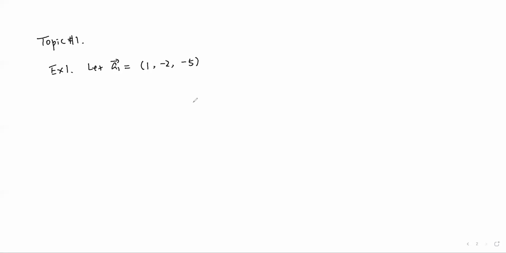I write this vector as a point. Recall that we identify a vector as a point and also as an arrow.